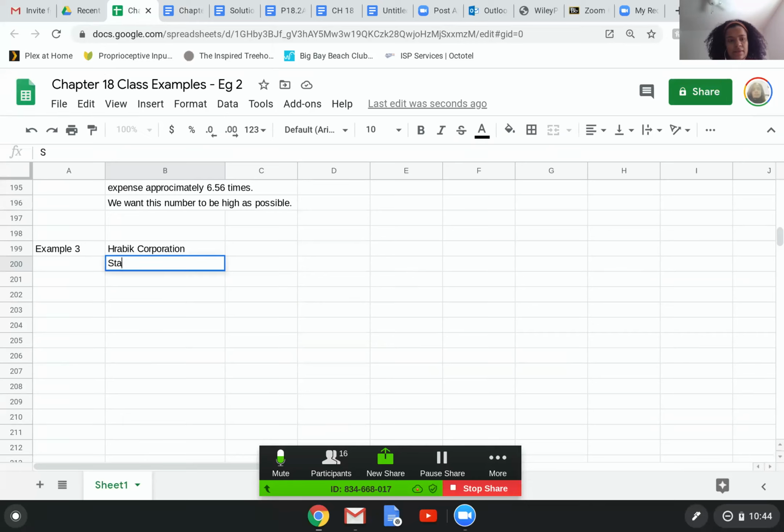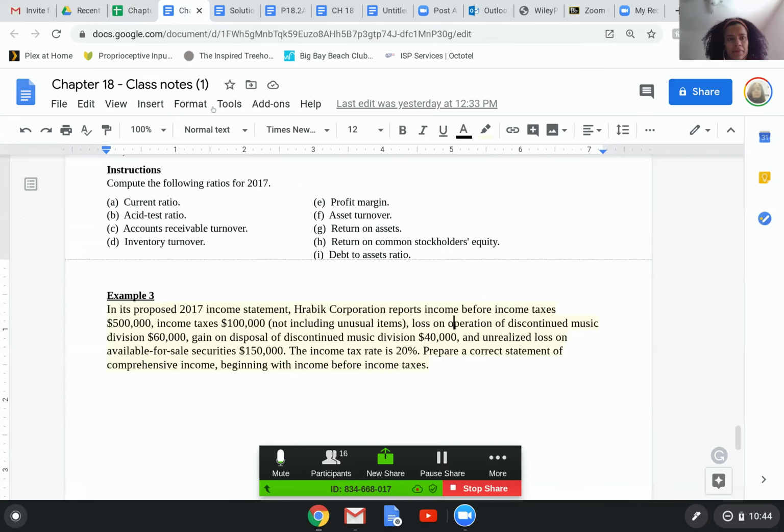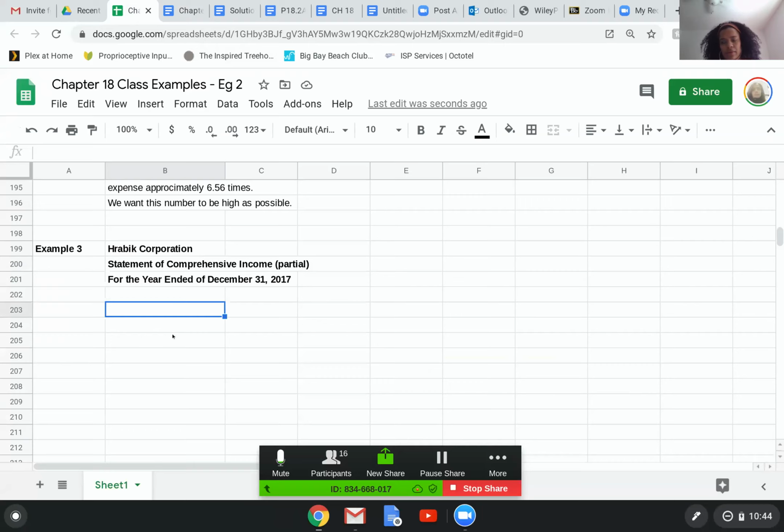So this is the statement of comprehensive income, and it's partial, just so you know, and because it's showing everything over a period of time, I'll just assume that it's December 31. It just says 2017 in the question, but I'll assume December 31. So those are just the headings. And it says to prepare starting with income before income taxes. So that's where I'll start.